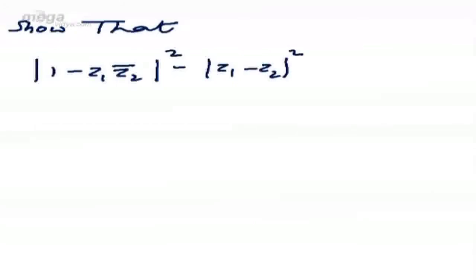Show that mod of 1 minus Z1 Z2 bar whole square minus mod of Z1 minus Z2 whole square is equal to 1 minus mod of Z1 square into 1 minus mod of Z2 square. We are given mod of 1 minus Z1 Z2 bar square minus mod of Z1 minus Z2 square.